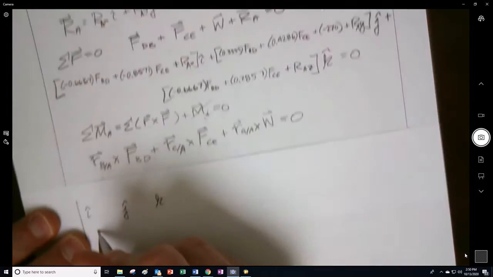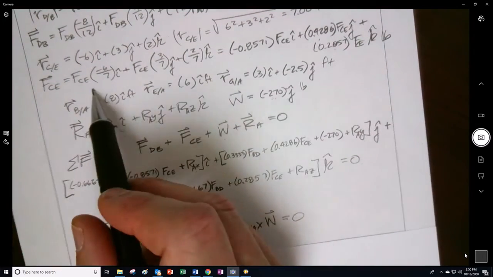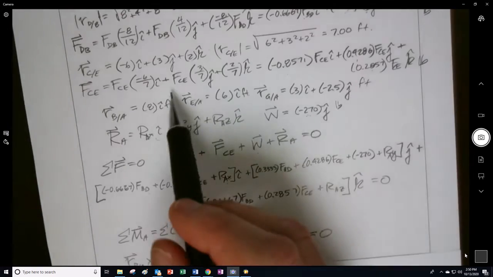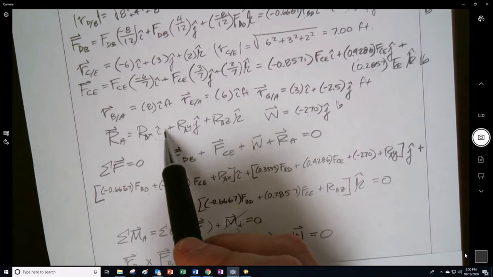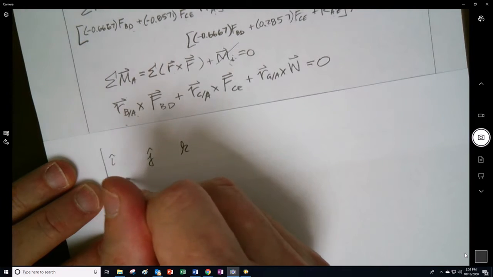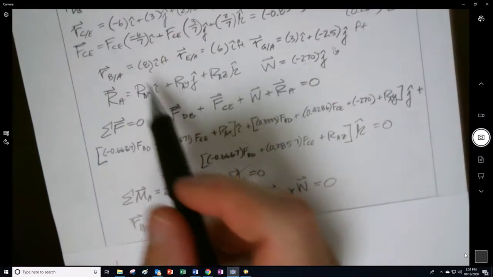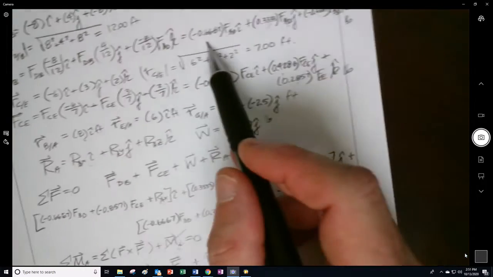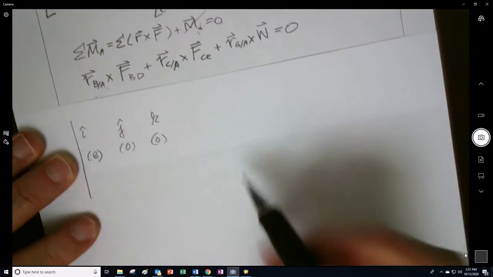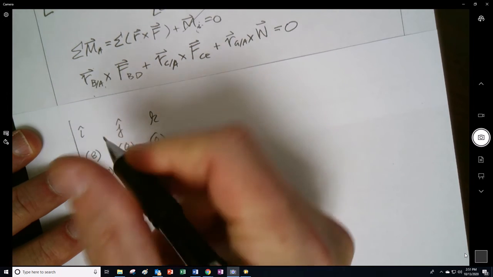So that position vector, if you'll recall, for B with respect to A, is just 8 right there. So 8 and 0, 0, and then the force of B with respect to A, that's all of these right here. So negative 0.6667.